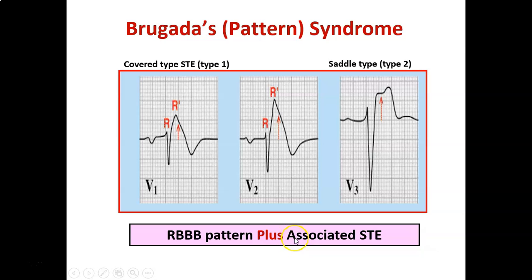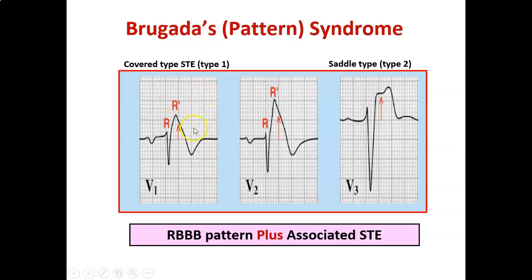Another cause of ST segment elevation is Brugada's pattern, and when it's associated with clinical features, it's called Brugada's syndrome. And you will get a right bundle branch block pattern plus ST segment elevation in the right-sided chest leads V1 or V2 and maybe V3 as well.